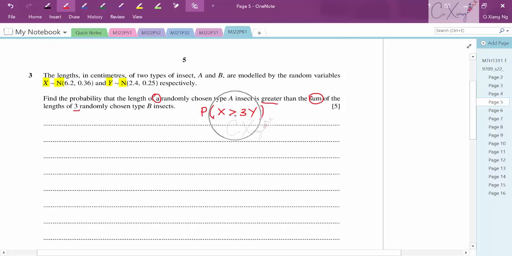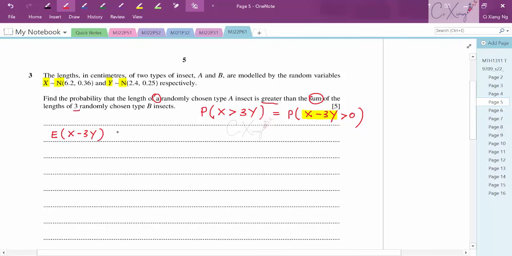So to calculate this probability, we cannot proceed unless we move all the variables to one side. So if I move the variable to one side, I'm having x minus 3y greater than 0. Okay, so before I calculate the probability, I need to find out the mean and variance for x minus 3y first. Okay, all right, so how to get the value for the expected value of x minus 3y? This is the mean.